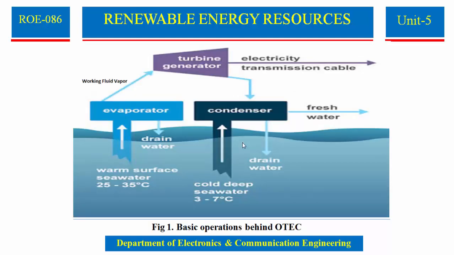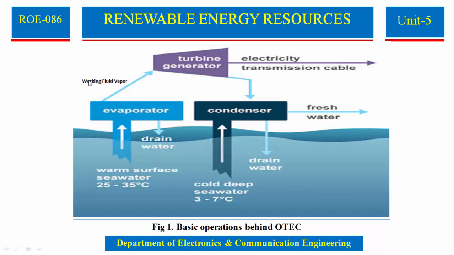This is the basic diagram of an OTEC system. As you see in this diagram, there are two pipes, one at the top surface, one at the bottom surface. The first pipe is connected to the evaporator that will be used to evaporate the working fluid.